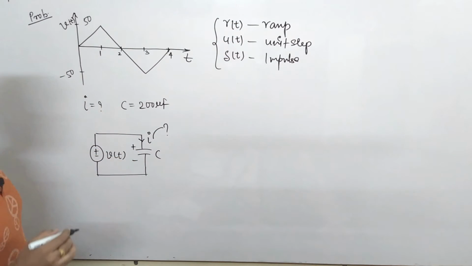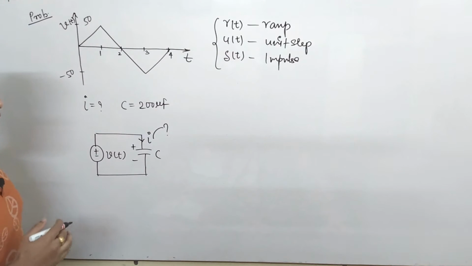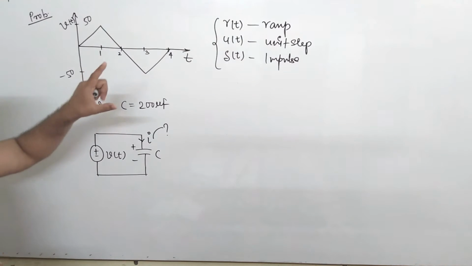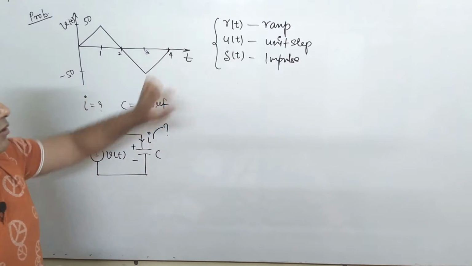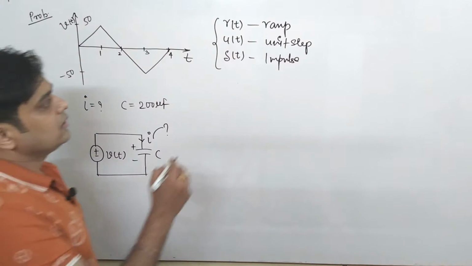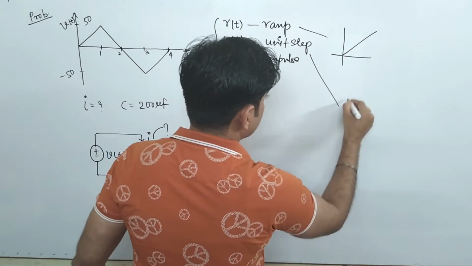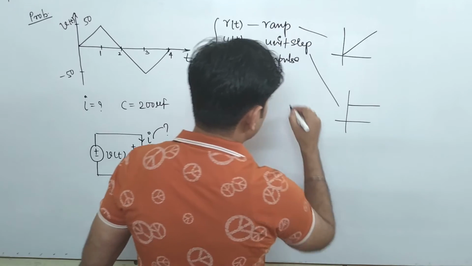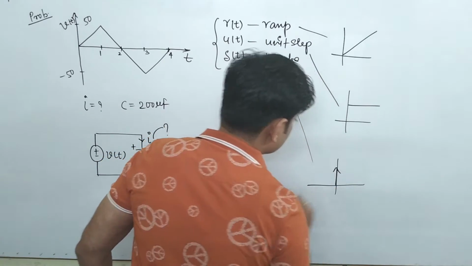We will try to use the concepts of ut, rt and del t whenever applicable while solving our numerical problems. But you must know what is a ramp signal, what is a unit step signal, and what is an impulse signal. For the time being, the ramp signal is represented in this manner, the unit step signal in this manner, and the impulse signal in this manner.